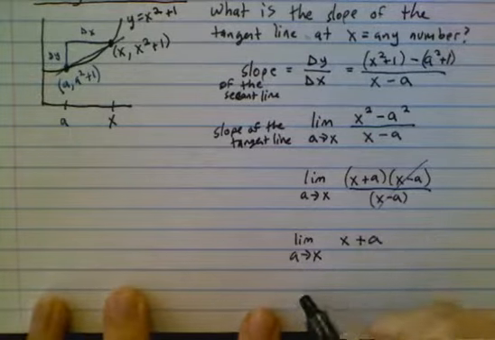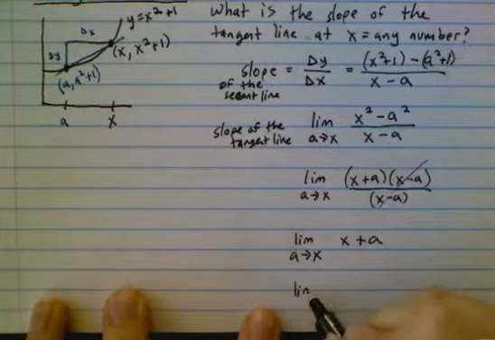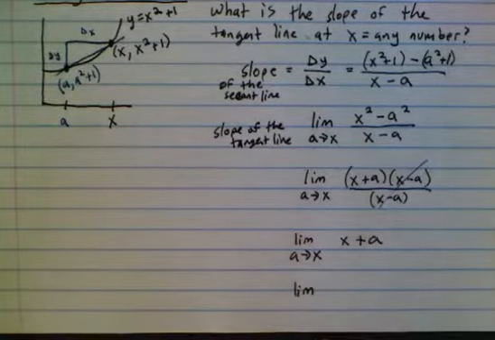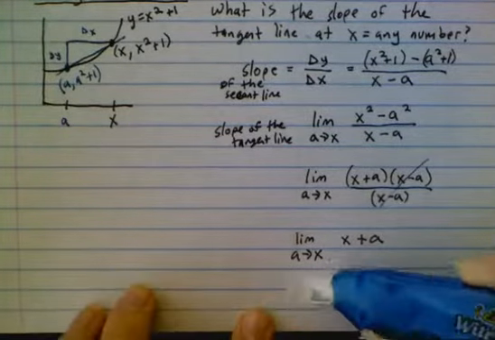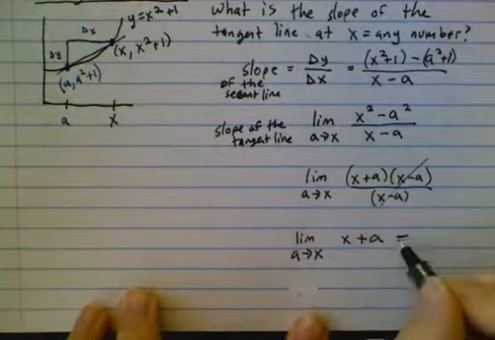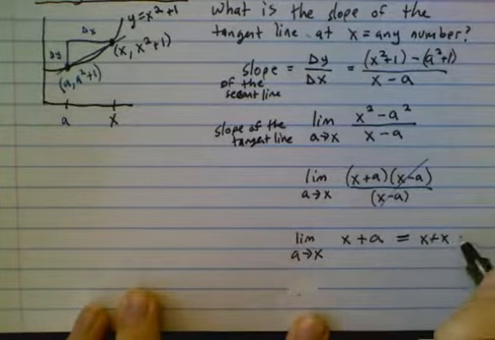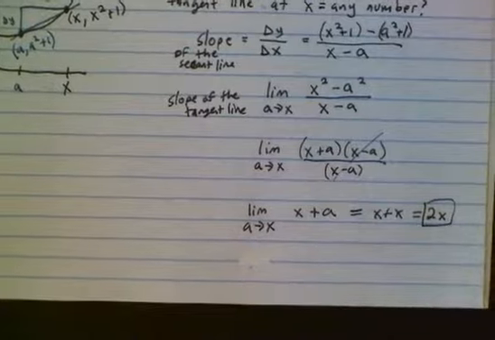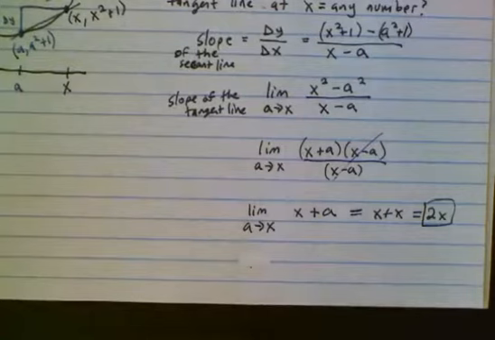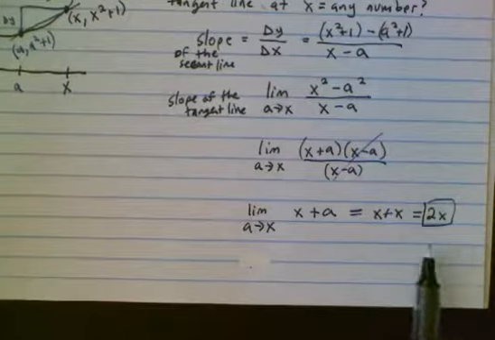Now we can just do substitution, so we don't need to write the limit anymore. There we go. So that means that for this equation, y equals x squared plus 1, if we want to find what the derivative is, what the slope of the tangent line is at any value of x, we just take that value of x, multiply by 2, boom, that'll be our answer.